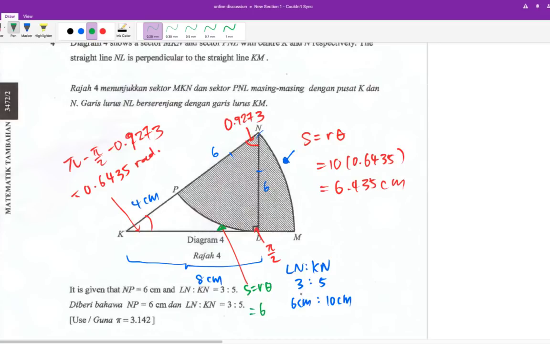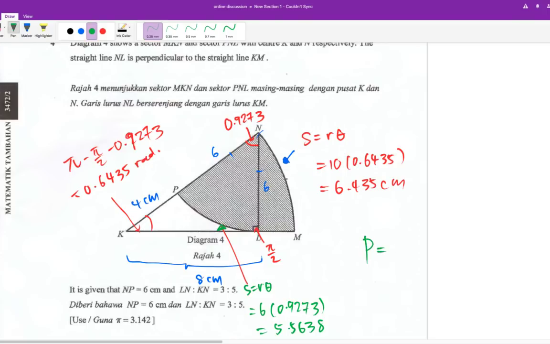And my theta is that one, so I will just sub my theta into it, which is 0.9273. You multiply it by 6, and you actually get 5.5638.